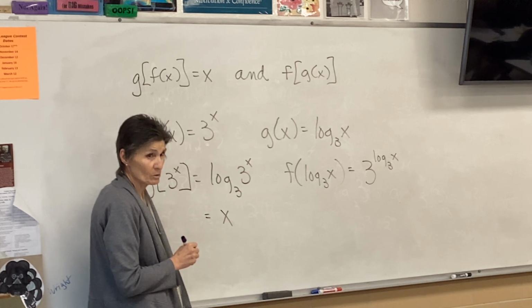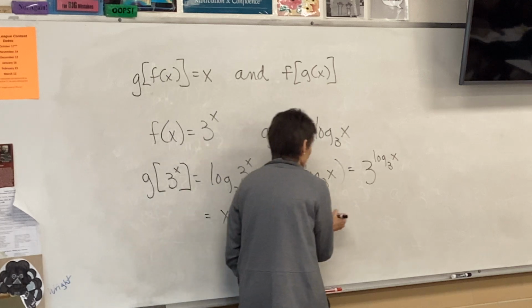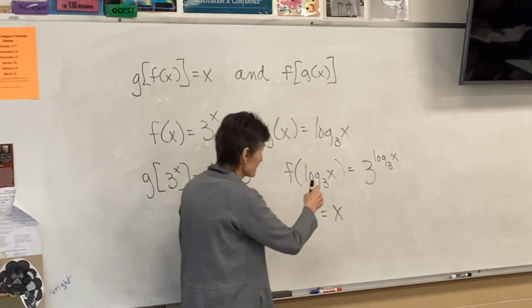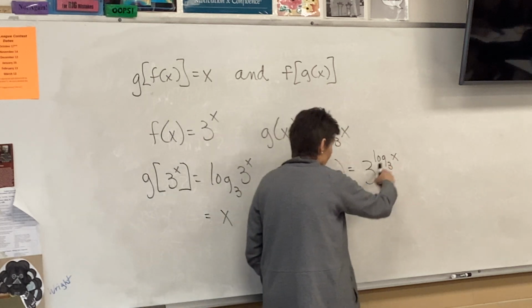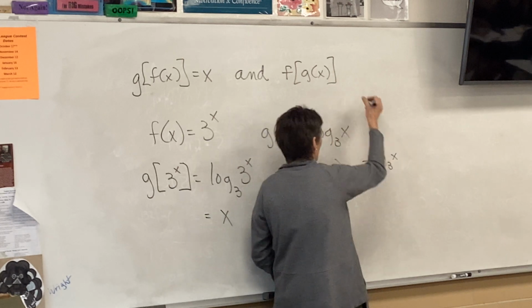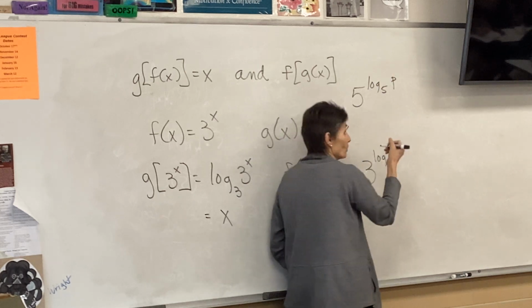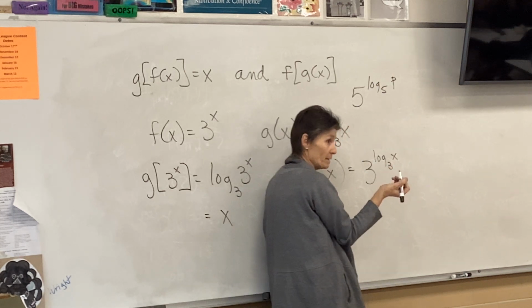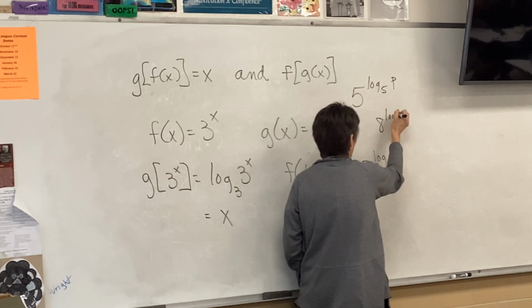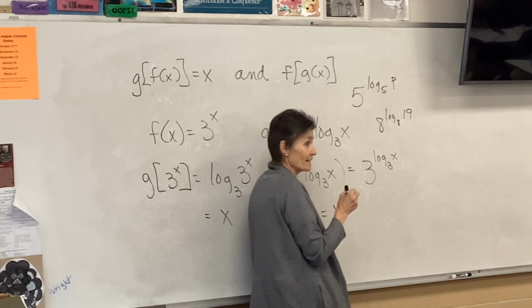Do you know what that equals? It actually equals x, and let me show you why. This is another property of logarithms. 3 to the log base 3 of x is just going to equal x. 5 to the log base 5 of p will just equal p. 8 to the log base 8 of 19 will just equal 19.